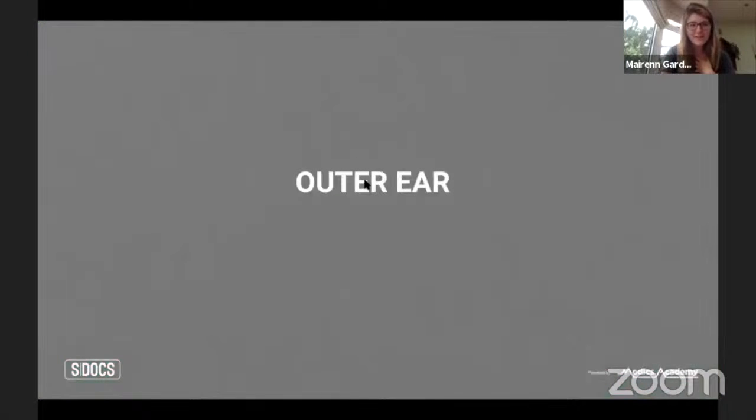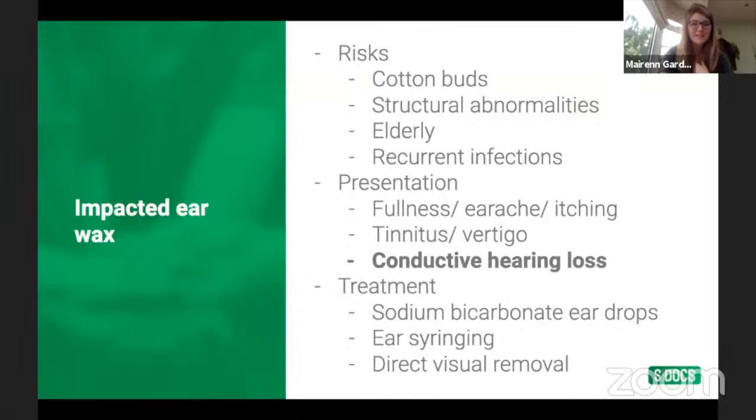So going over the outer ear causes, impacted earwax. This is one of the most common reasons for people having altered hearing, and the main reason for it is the use of cotton buds.